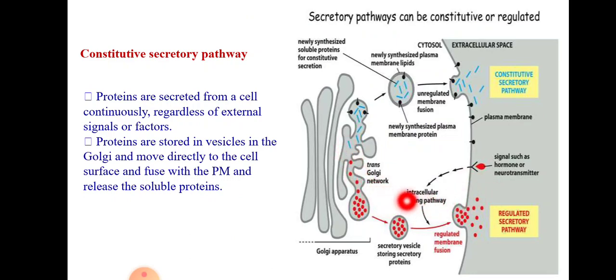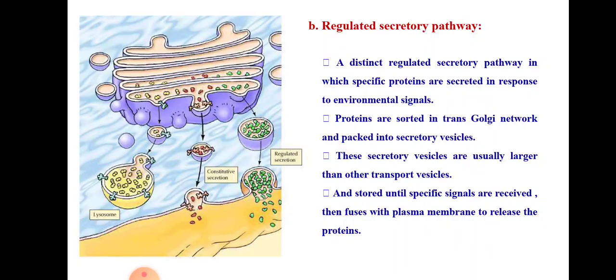This is the way the constitutive secretory protein pathway happens, and this is the way the regulated secretory pathway happens. In the regulated secretory pathway, specific proteins are secreted in response to environmental signaling.